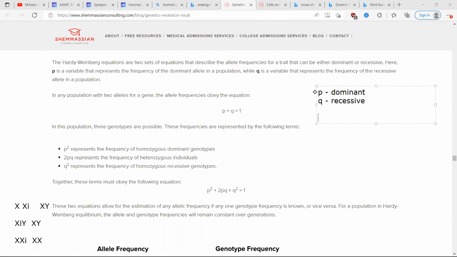We can get PP, we can get PQ, or we can get QQ.